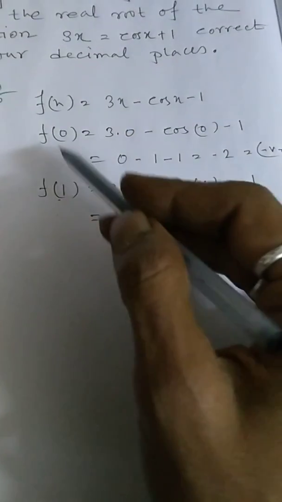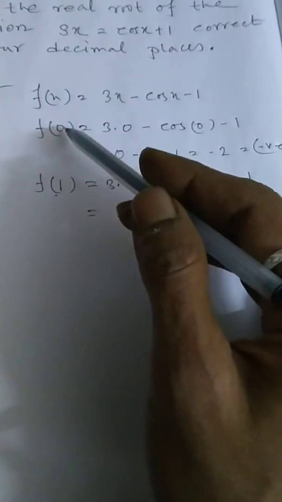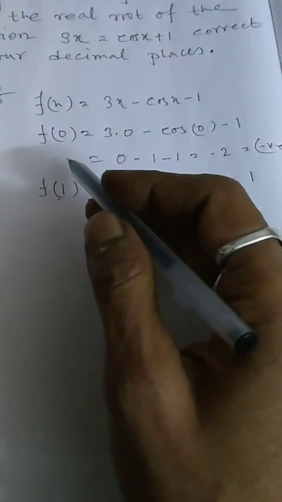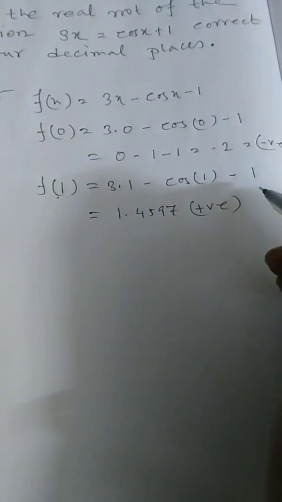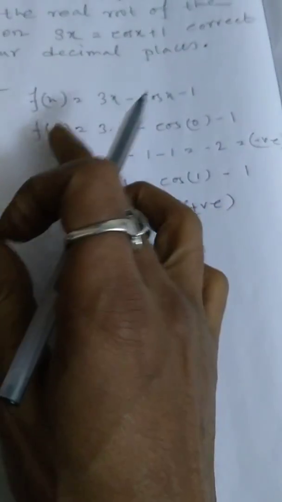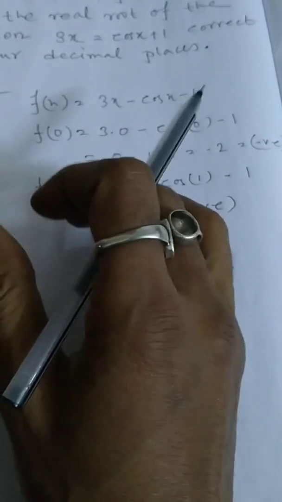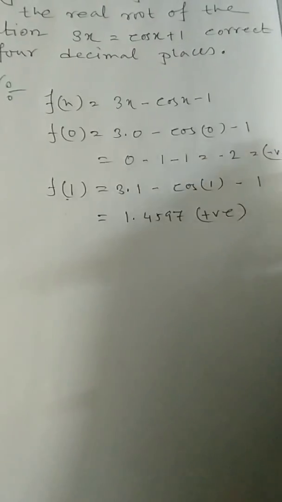So definitely there is a root that lies between these two points, that means 0 and 1, because we get f of 0 negative and f of 1 positive. And the function is continuous, so definitely between 0 and 1 there must be a root, isn't it?